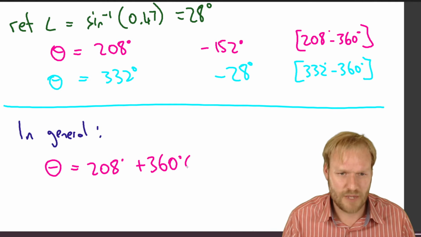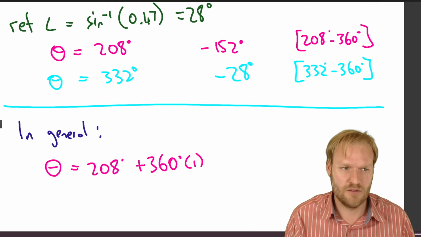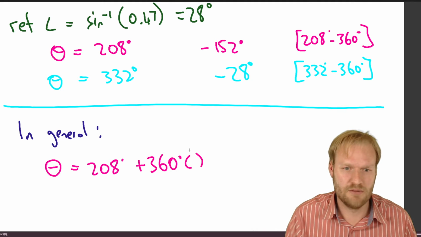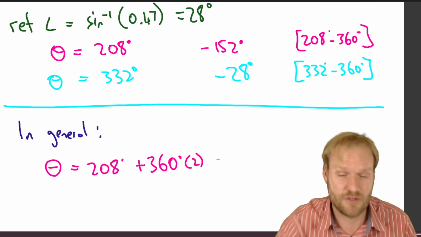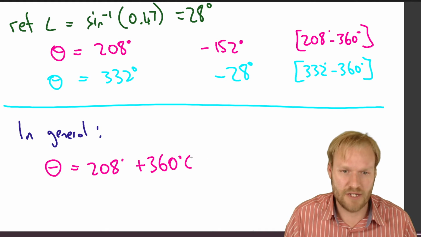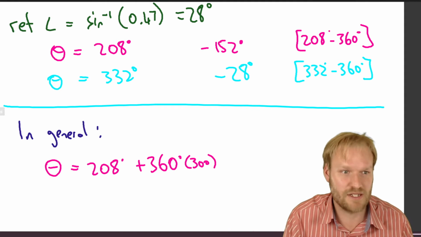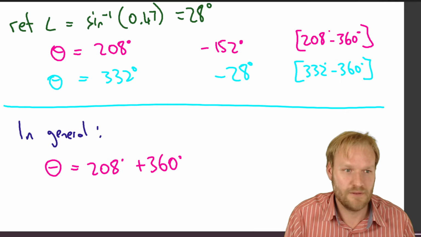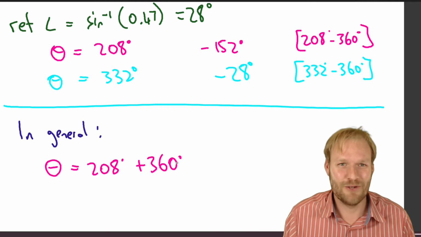So we could add one of these times 1, or multiply it by 2, because we could add 2 lots of 360 degrees, or we could add 300 of these 360s, because it keeps repeating itself every 360.